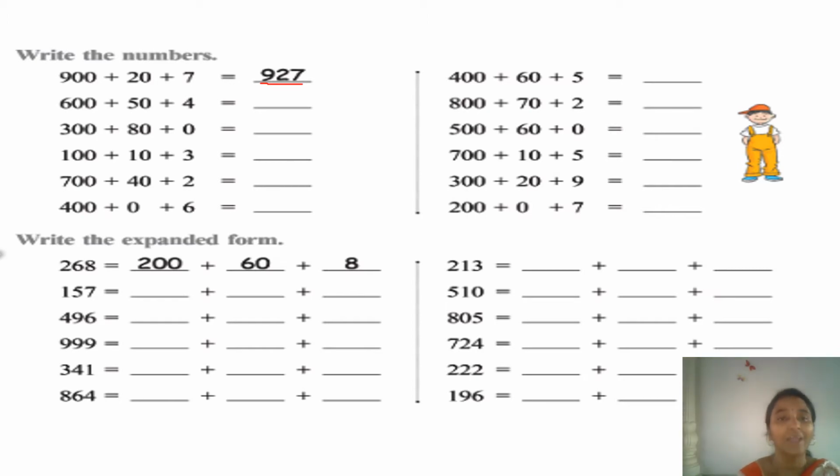Now 600 plus 50 plus 4. What is the standard form for this? You have to write it in number like 654. Next, 300 plus 80 plus 0. What is the number here? 380.